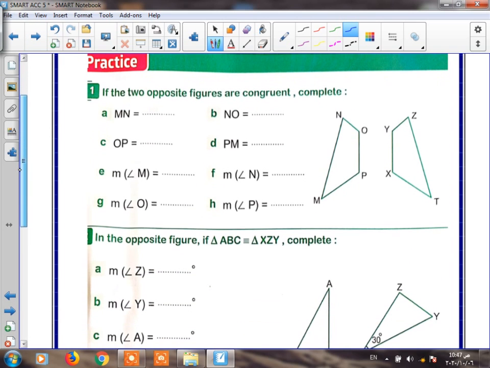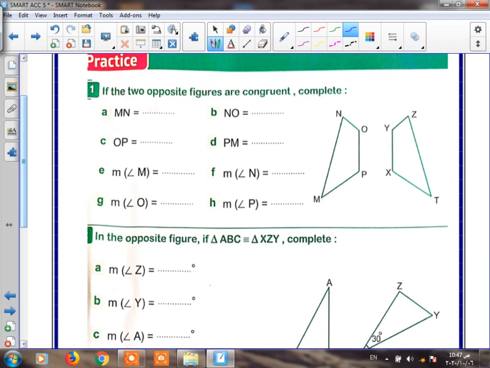Here I have two polygons. If two figures are congruent, let's complete. First, we must write the key. We must write which side of one equals which side in the other polygon. First, I must write the name of the polygon. The first one I will name NBO, congruent to what? Take care, we must write the polygon in order.